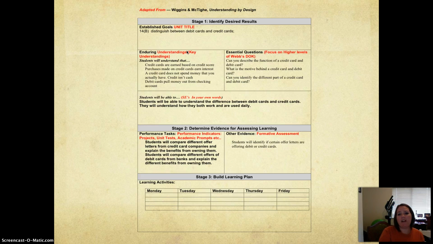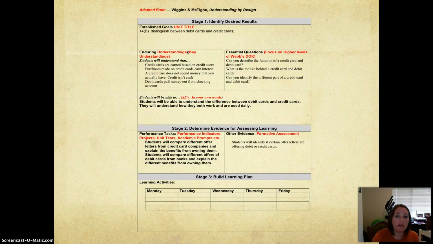So determine evidence for assessing your learning. So this is where you're having your assessments. Performance tasks. So I listed a couple of tasks here, and then I also put some other evidence on the other side. This is formative assessment, and on this side, performance indicators. So then on the bottom, stage 3, this is where you, the teacher, put in your activities for Monday, Tuesday, Wednesday, Thursday, Friday.